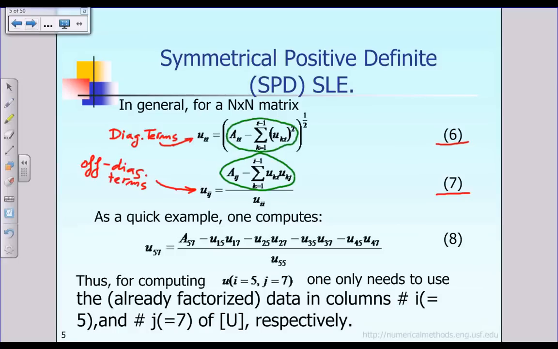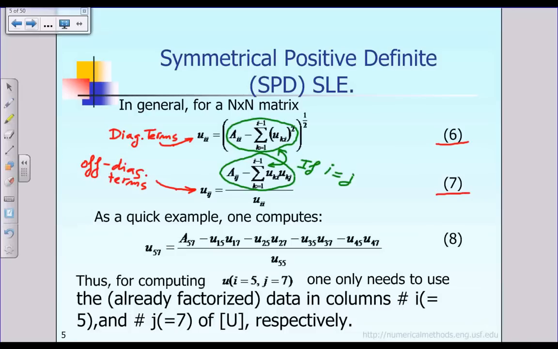They are the same if the index i is the same as the index j. As you can see, a_ij becomes a_ii, and u_ki times u_kj becomes u_ki squared.